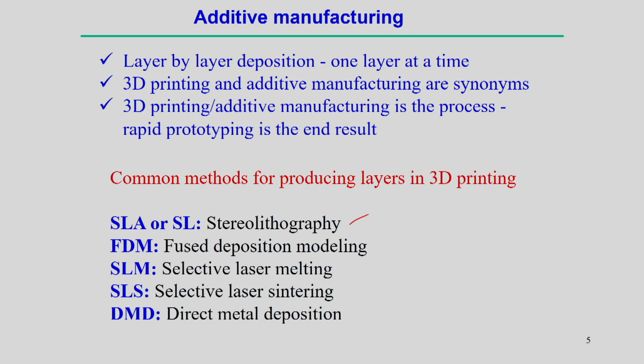And of course, SLM, selective laser melting, where we run the laser source over the selective position. Instead of melting, it is also possible to do selective laser sintering, but that normally is used for non-metallic materials. And the most recent, latest development of additive manufacturing processes is direct metal deposition.